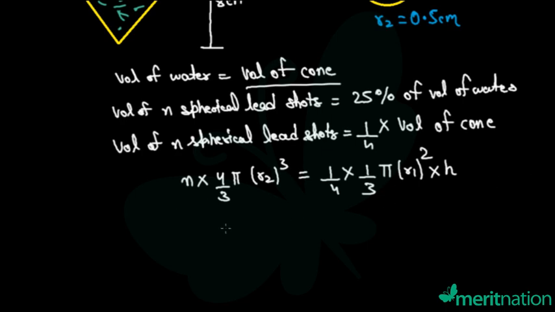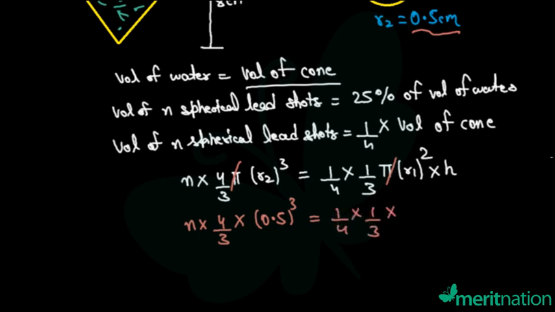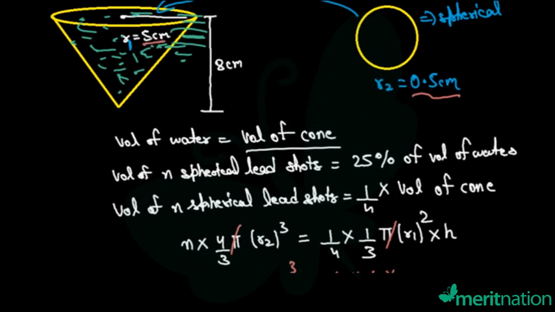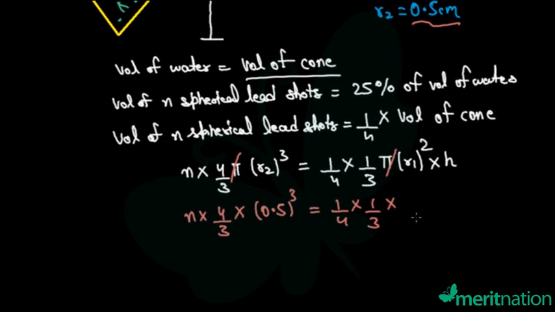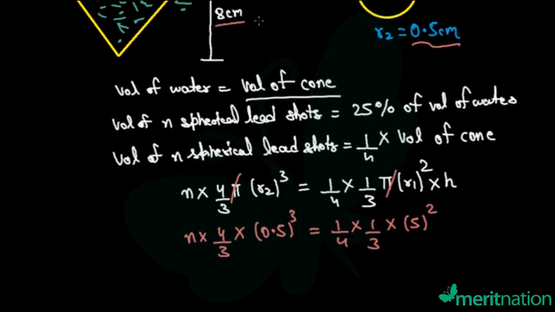Let's substitute all the values. So it would be n into 4/3 pi R2 cube. Pi we can cancel out from both sides. R2 is 0.5 centimeters, so 0.5 cube, that's equal to 1/4 into 1/3 into R1 square, and R1 is 5 centimeters, so 5 square, and the height of this cone is 8 centimeters, into 8.